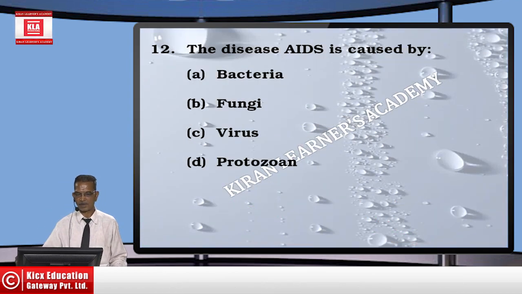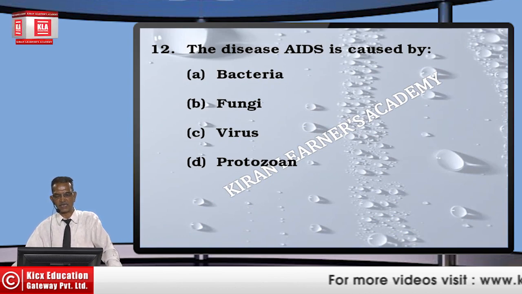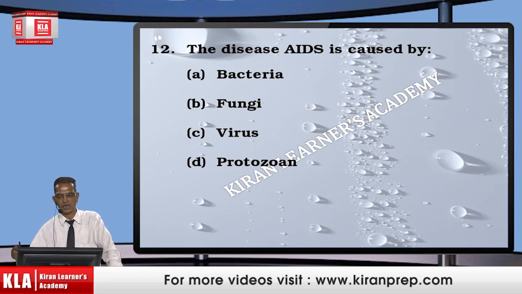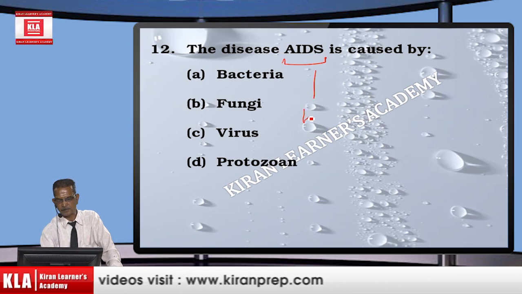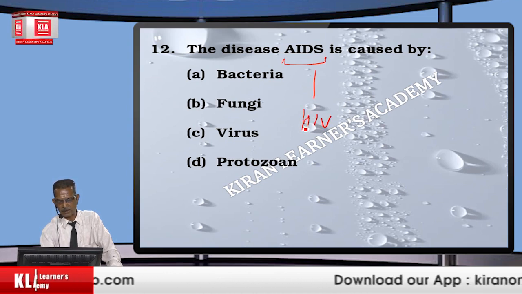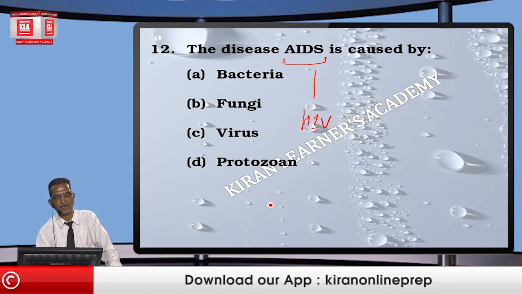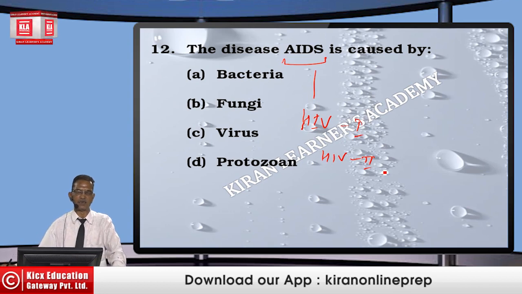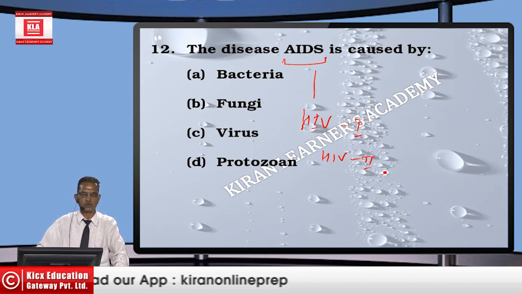Next, the disease AIDS is caused by. It's a very well-known disease these days and talked about a lot, the disease which is caused by HIV. It can be HIV-1 or it can be HIV-2, depending upon the symptoms that the disease shows.